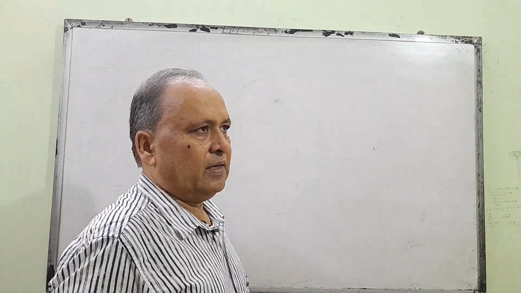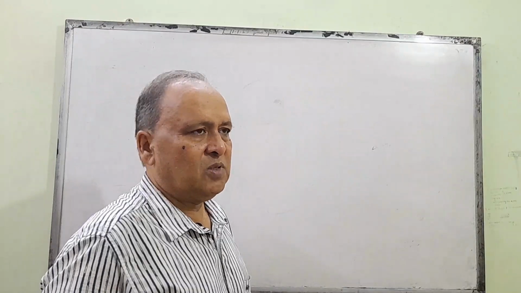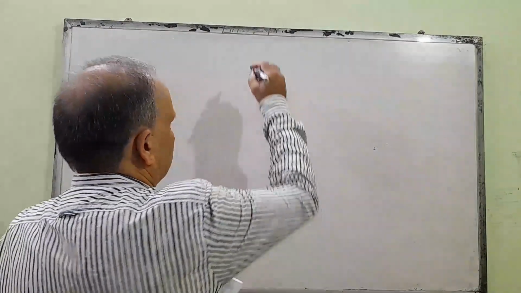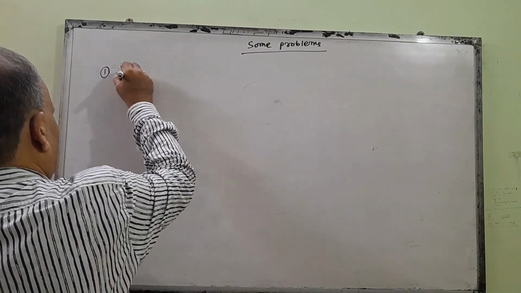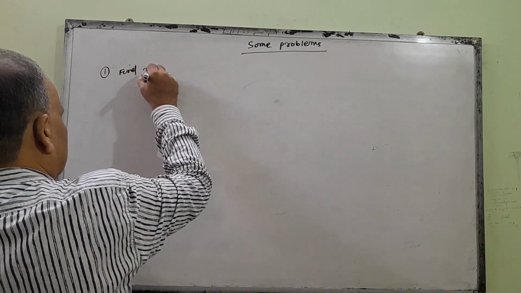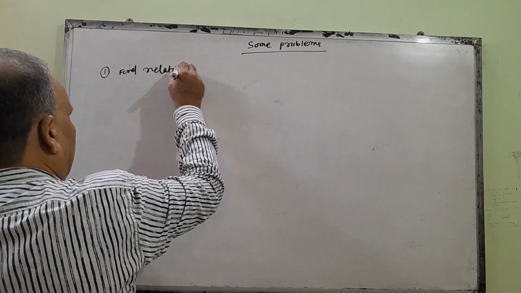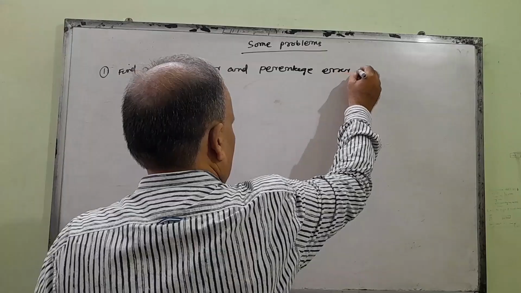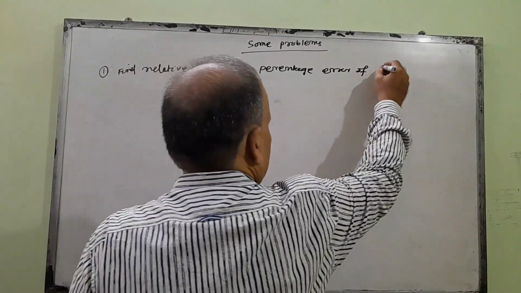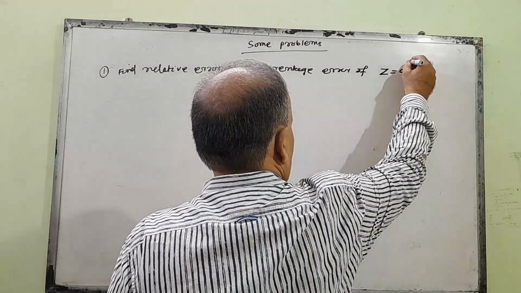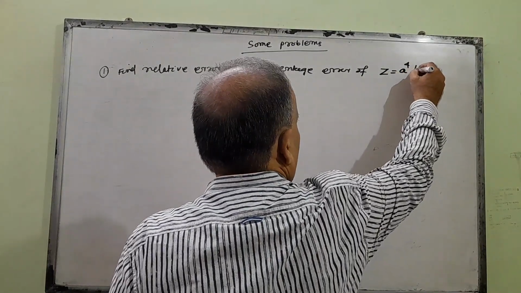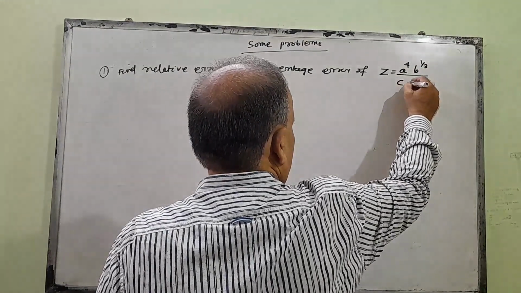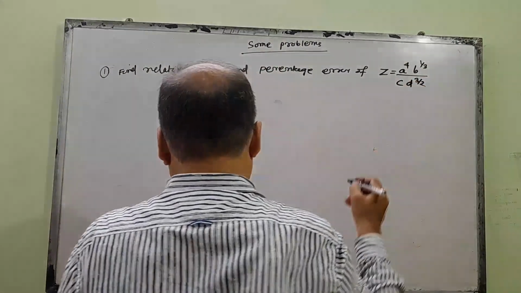Today in this class we do some problems about error analysis. Find the relative error and percentage error of z is equal to a to the power 4, b to the power 1 by 3 by c d to the power 3 by 2.